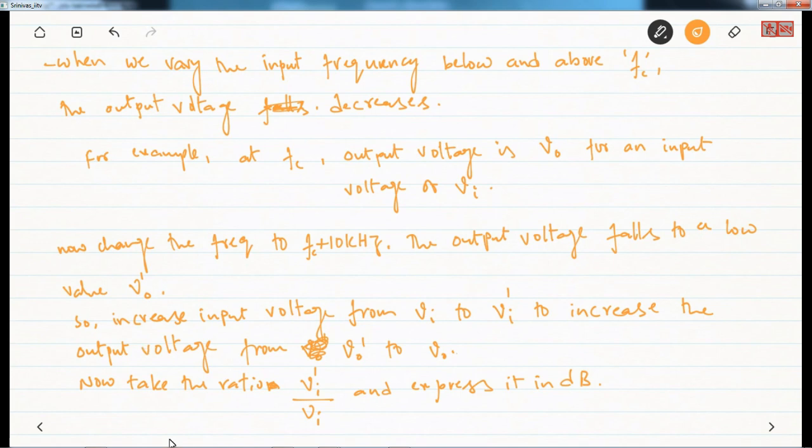So 10 log to the base 10 Vi prime divided by Vi is the attenuation offered by the receiver, attenuation at Fc plus 10 kilohertz.